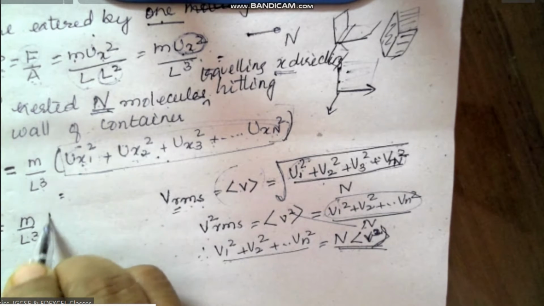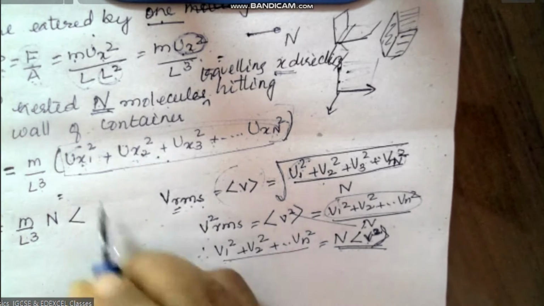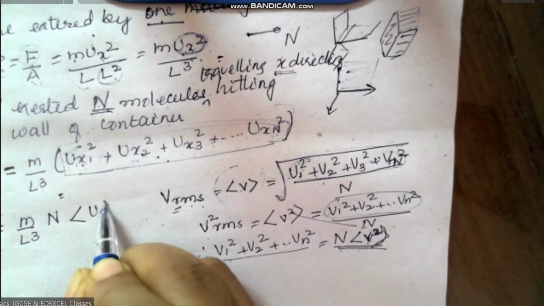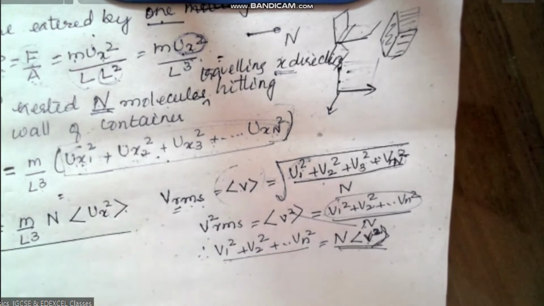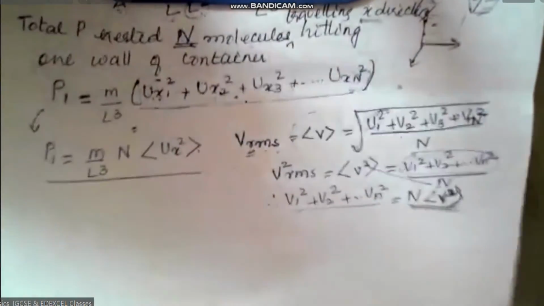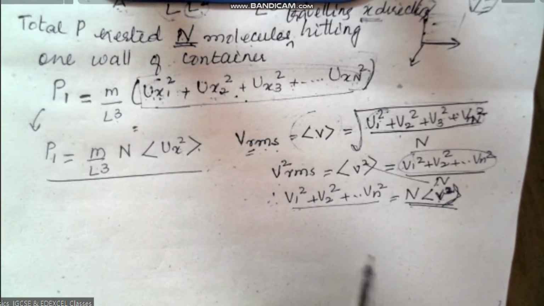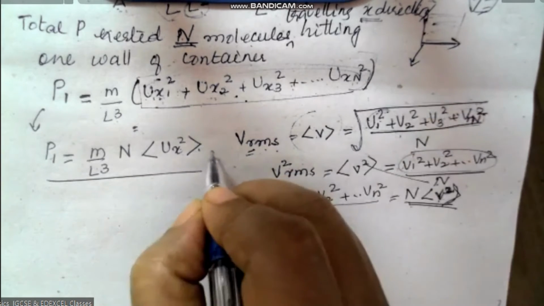Mean square velocity, we did not take the square root, we find the mean square. So this has to be written in the place of this one. So this formula becomes P1 is equal to m by L cube into n into average of ux square.